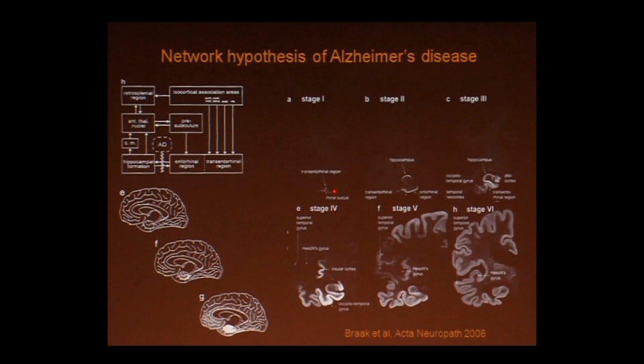And so as the disease goes on, the pattern moves from this medial temporal lobe out into the rest of the brain and out into the cortical areas. Here you can see at stage 6, a great proportion of the brain has been affected. So the idea that this husband and wife team, Braak and Braak, put together was that the disease was marching throughout this circuitry that they drew in this network diagram.